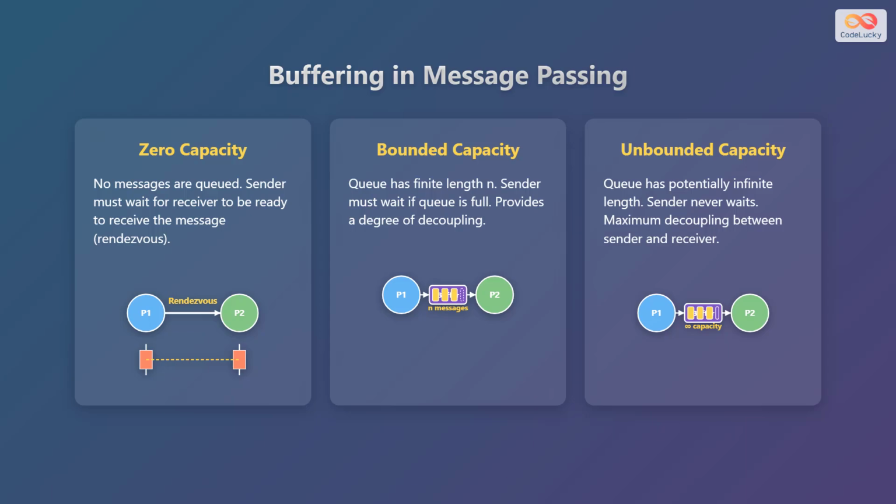Unbounded capacity means the queue has potentially infinite length, and the sender never waits. For zero capacity, both Process 1 and Process 2 synchronize at the same time for the message transfer. For bounded capacity, a buffer stores a finite number of messages. For unbounded capacity, a buffer can store virtually unlimited messages.